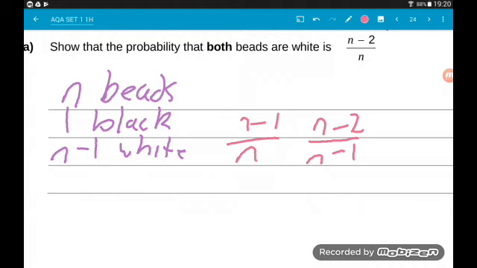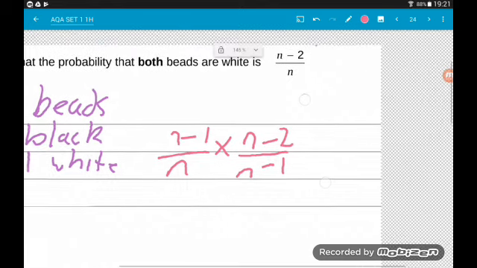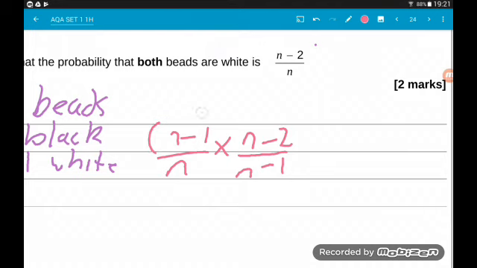So that first fraction there is the probability that the first bead is white, and then the second fraction is the probability that if we pick the white bead, then the second bead is white. So with successive events, you multiply the probabilities together. So here we're doing n minus 1 over n times n minus 2 over n minus 1.